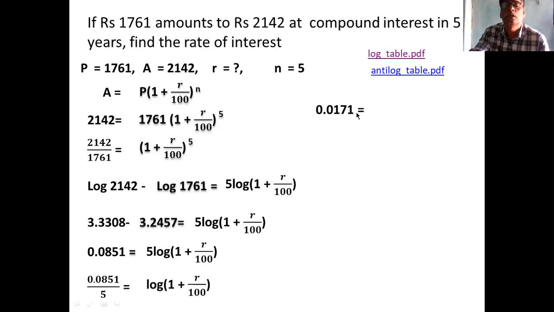You simply consider that 0.01702. Only 4 digits have to be taken after the decimal point because in the antilog table there are only 4 numbers. So you take this number as 0.0170. Okay.